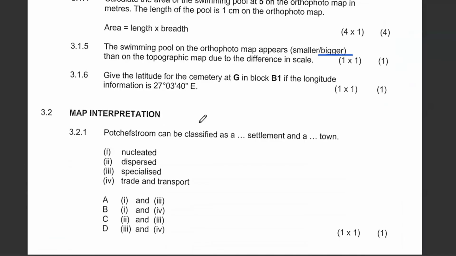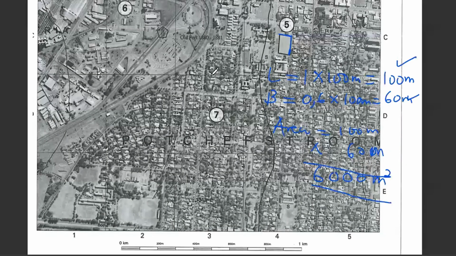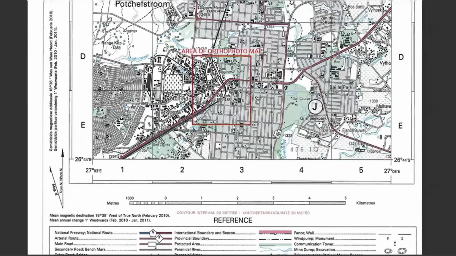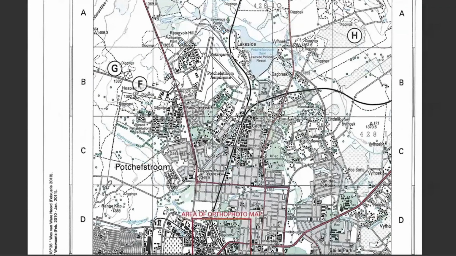I'll just highlight how you're supposed to find it out. The symmetry in block B1. The symmetry is here. What you're supposed to do there, your longitude values are given. What you're supposed to do is calculate your latitude values.